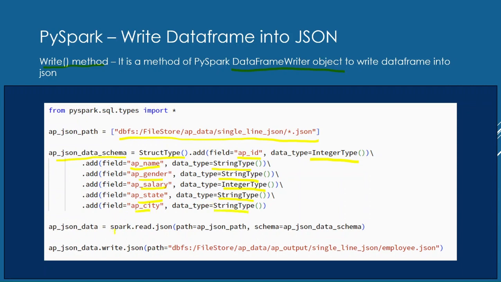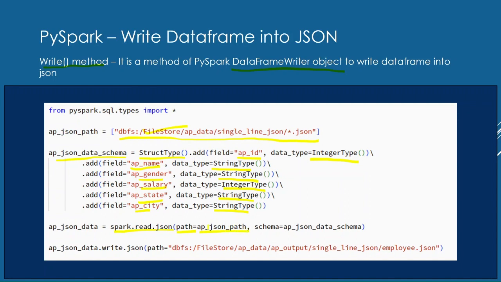With the help of the spark.read.json function, we are going to read this JSON document by using a couple of parameters. One is the path parameter. The value of this path parameter is AP_JSON_path.